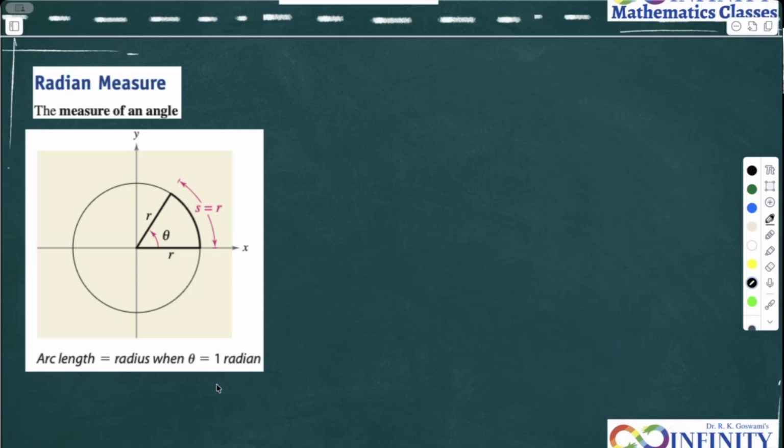I'm considering the unit circle most of the time. Unit circle stands for the radius being 1. If I just tell you that it is a unit circle, by default the radius is going to be 1.